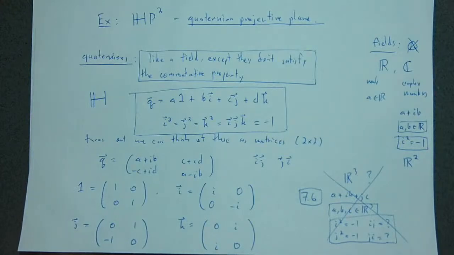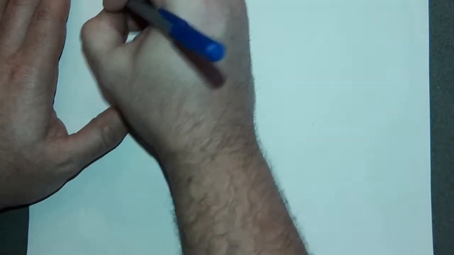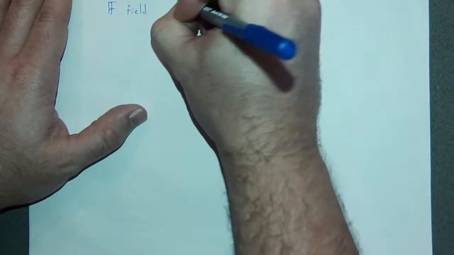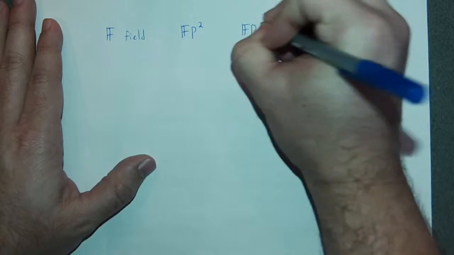All right. Now, we mentioned before how if F is a field, that is, satisfies the field axioms, we could define FP2, the projective plane over that field, but also we could define FPN, as we saw.